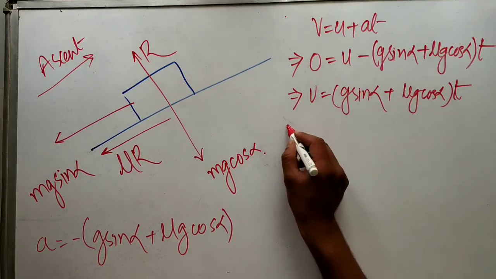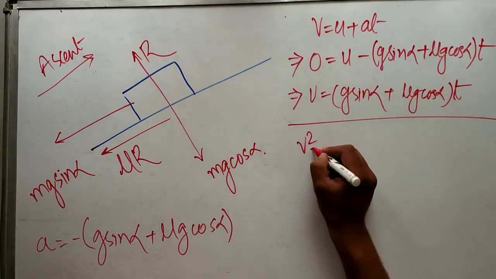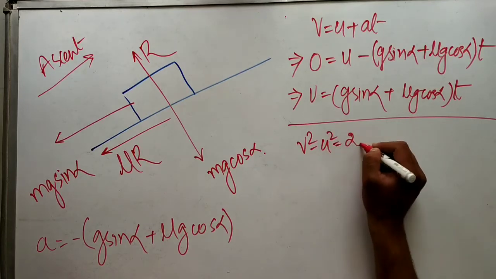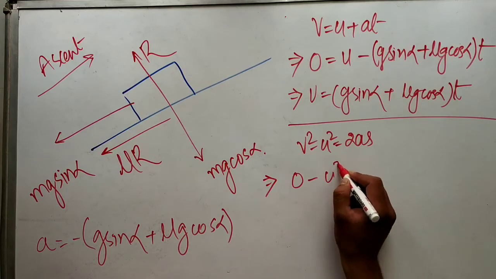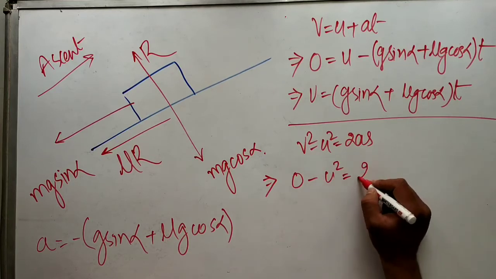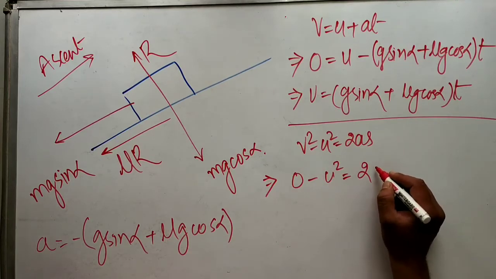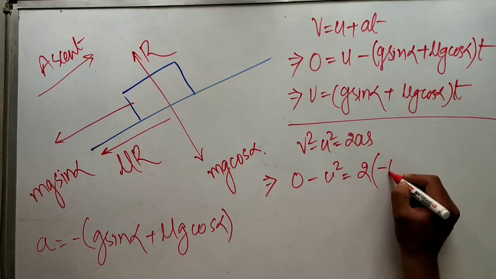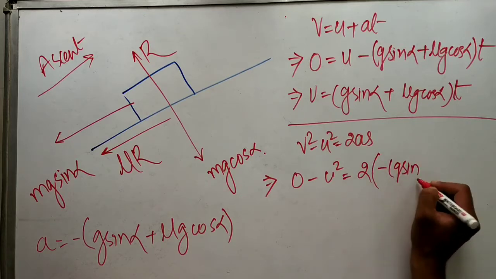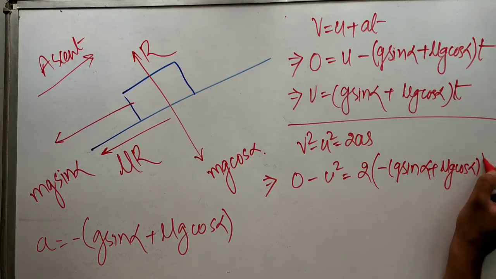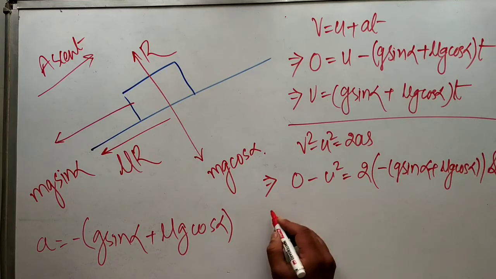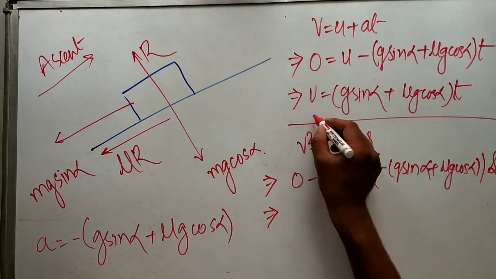Also, we can use v square minus u square equals 2as, which will give us 0 minus u square equals 2 times minus of g sin alpha plus mu g cos alpha times s. u we already know the value of.